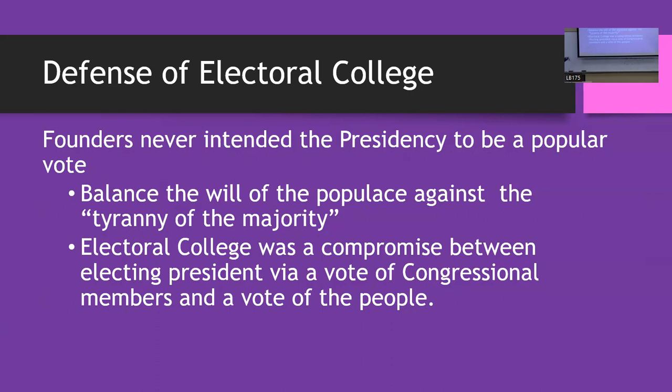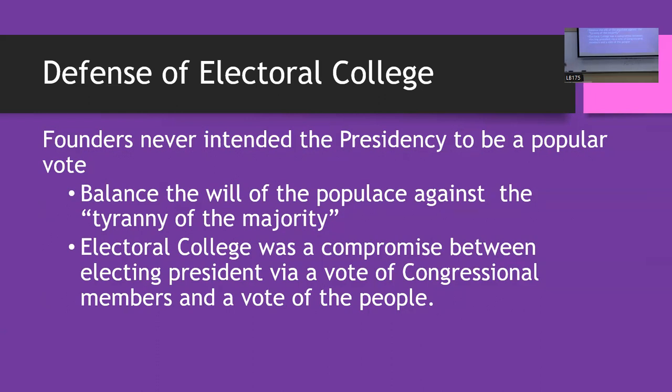So they went back and forth saying, well, let's just let the congressional members vote their conscience and not give the people a direct vote on the presidency. That makes sense. That was one side of it.